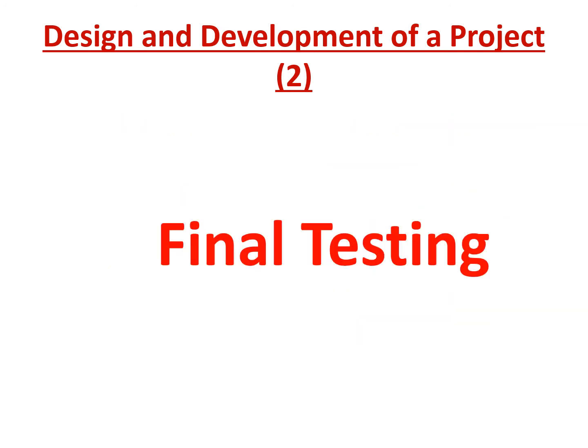Now, having developed the PCB, you assemble all the components and then run the software again, this time on the real project, and if the software runs successfully, it means your software and hardware both are correct.